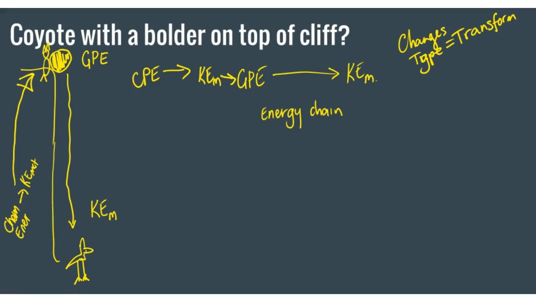Now, sometimes you'll actually have energy which is the same type, just moving between objects. And I'm going to give you the last part of the scenario here. If it does go down the hill, and if it did actually hit poor Roadrunner in the end, what would happen to Roadrunner? Well, we all know he'd end up a very flat Roadrunner.